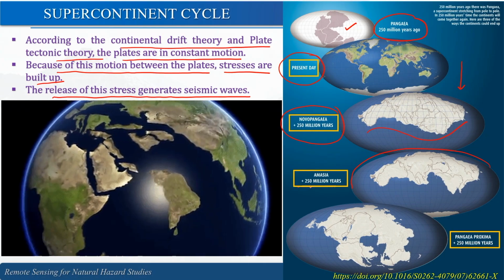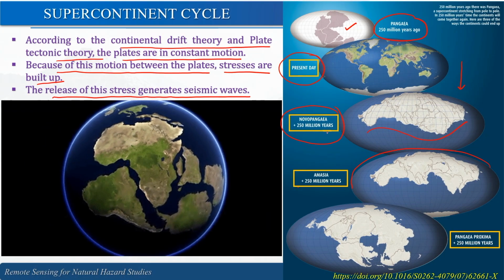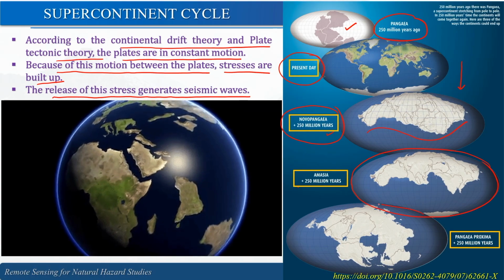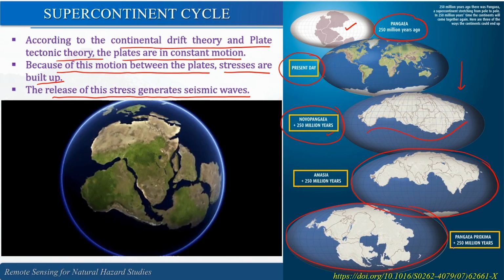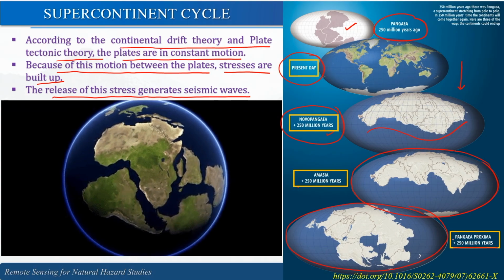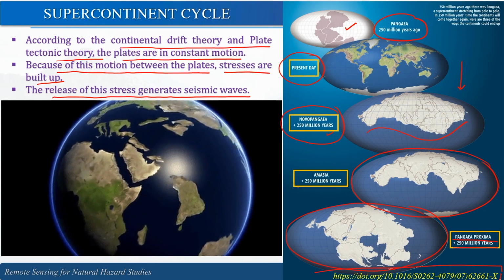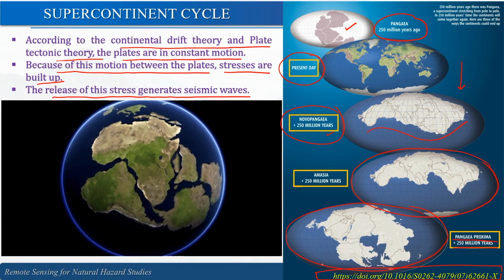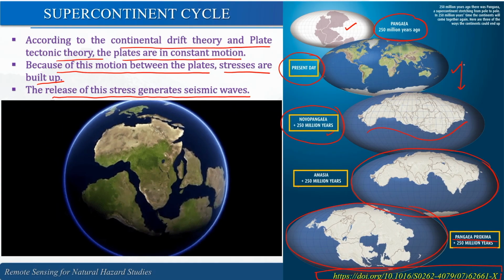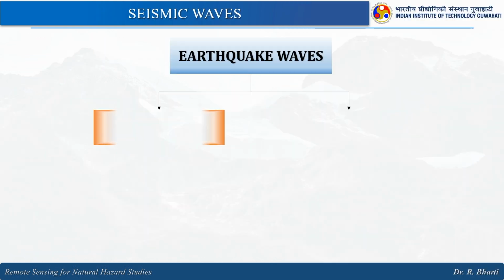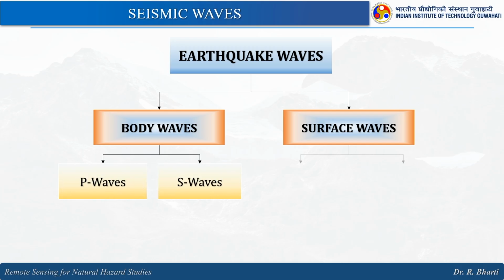Then 250 million years after Novo-Pangea, and then you will have this after again 250 million years, that is Pangea Proxima. The link to this particular work is given here. This nicely explains the continental drift and the future movement of our continents, right. So, as we learned, because of the earthquake or earthquake loadings, this liquefaction occurs, right.